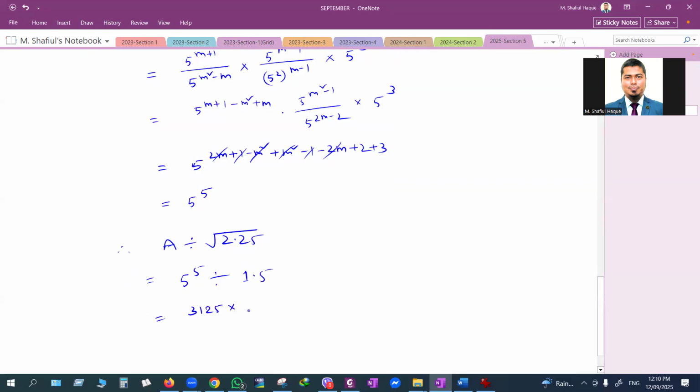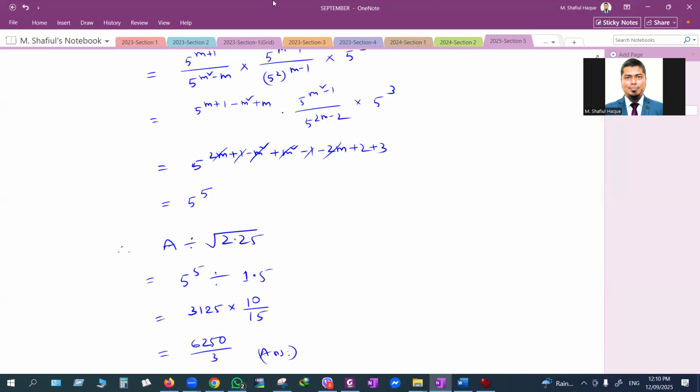Into 15 by 10, that's 10 by 15. So can we divide it by 3125? 3125 by 15, yes, 625. So if we calculate, it will be 6250 divided by 3. This will be the answer for this problem.